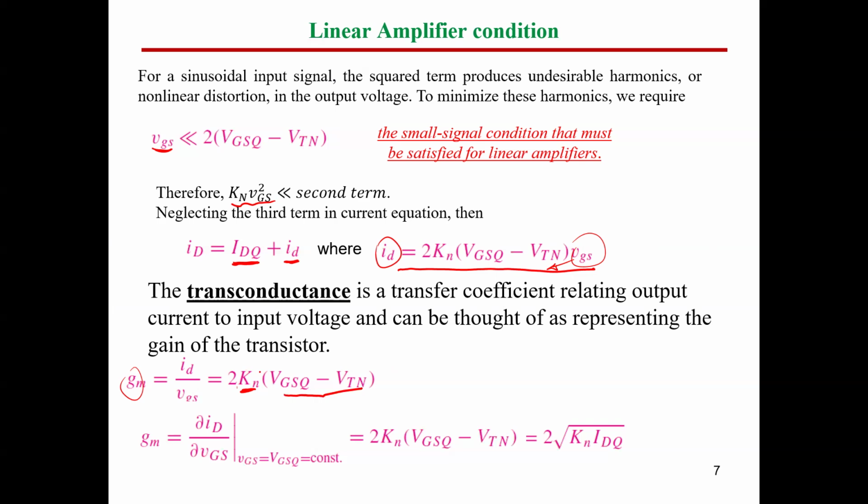If I would like to calculate the transconductance at a certain operating point, at VGS equals VGSQ, which is constant, we can say now gm equals 2Kn times (VGSQ minus VTN), which is equal to 2 times the square root of Kn times IDQ. Okay, so this is the relation of the transconductance.